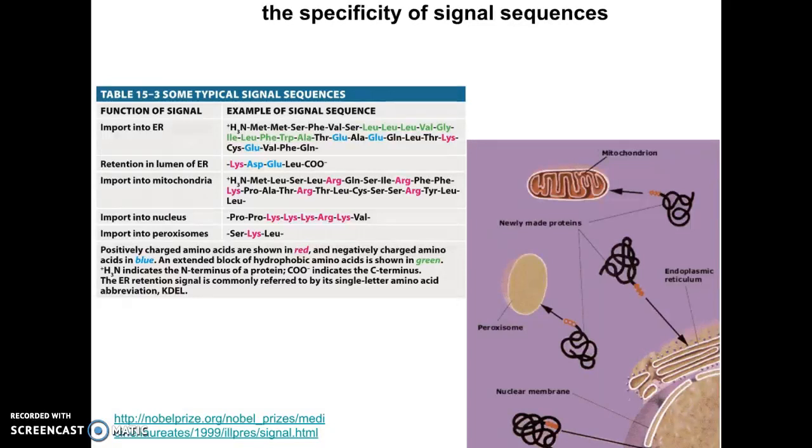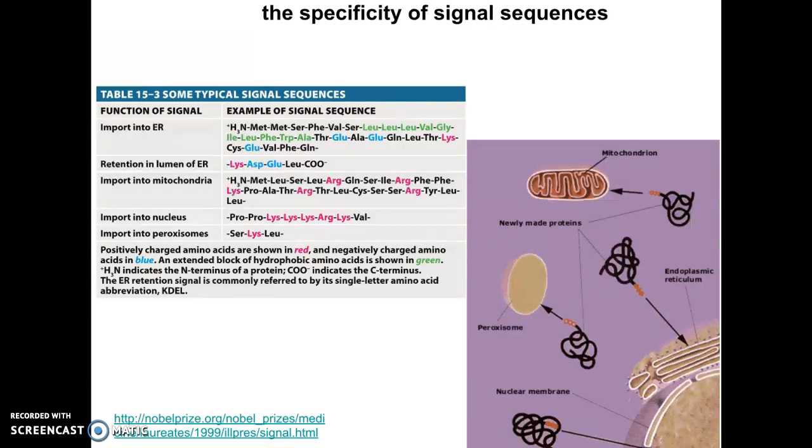And so the signal sequence is going to be energetically favorable for binding to a signal recognition particle to cover up the hydrophobic region. And then that signal recognition particle would target this protein to the ER.